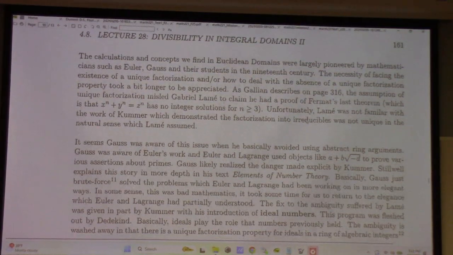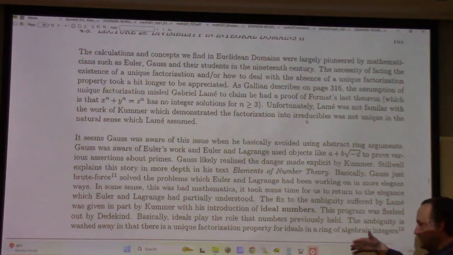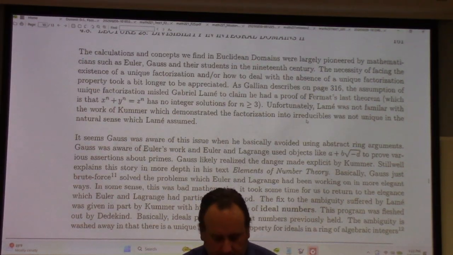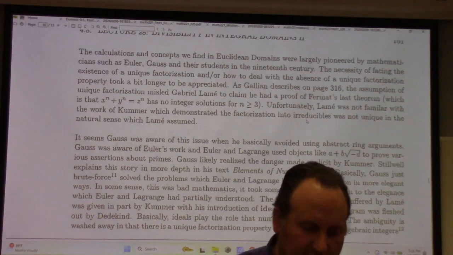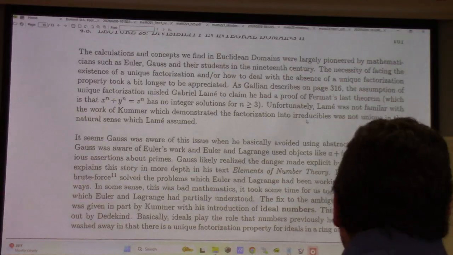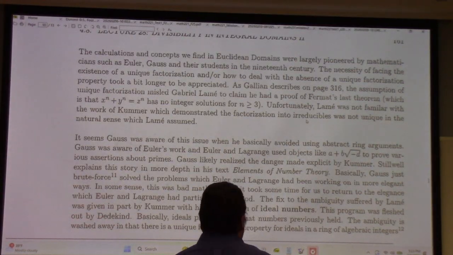Now, all of this leads us to the study of these Z adjoin square root of minus d, or square root of d, where d is square free. These kinds of things were known to mathematicians in the mid, let's say, 18th century, like Euler and Lagrange worked with these kinds of things, right?